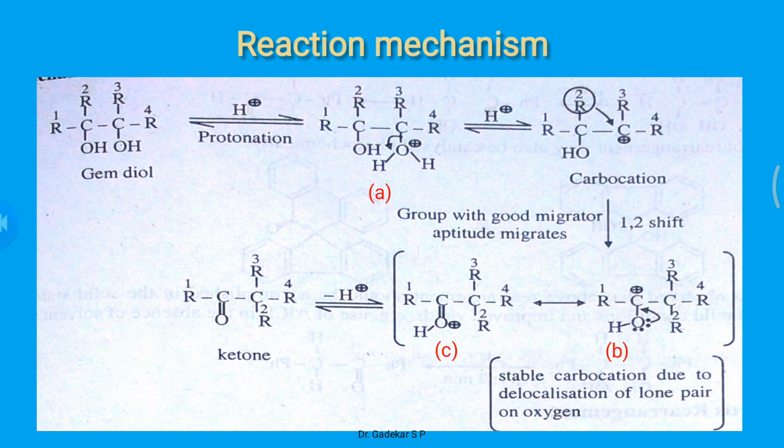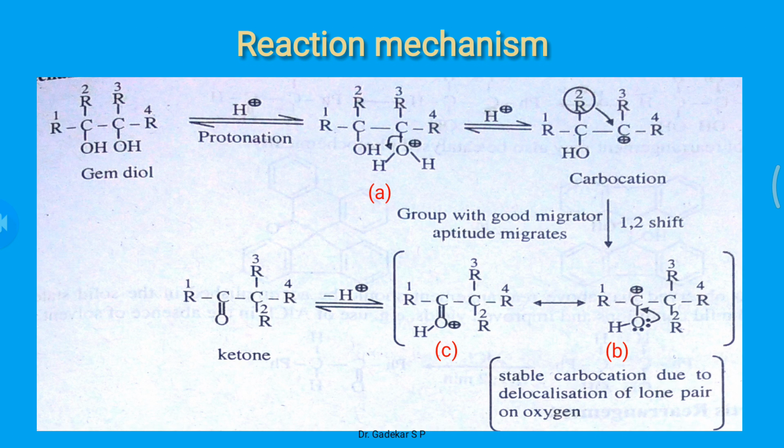A geminal diol or vicinal diol reacts with mineral acid, by protonation, to give compound A. Compound A loses a water molecule to form a carbocation, and then the R groups migrate. The migration of R1 and R2 depends on the migratory aptitude or the stability of the ion.